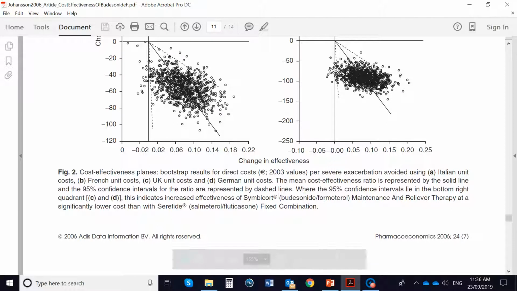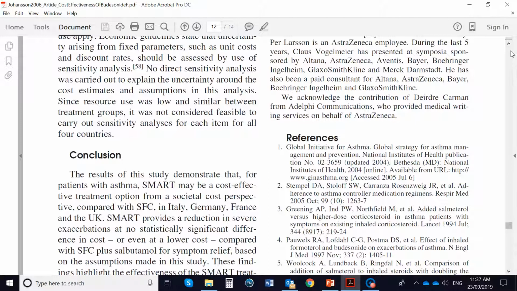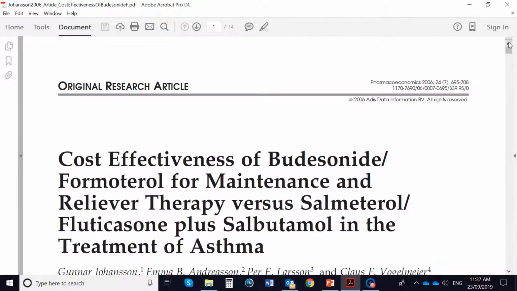This indicates increased effectiveness of Symbicort, with significantly lower cost than Seretide. So definitely, this and this can easily be considered the preferred option, C and D. Have a look at this, and it will give you some understanding of what cost effectiveness analysis looks like in an actual study.